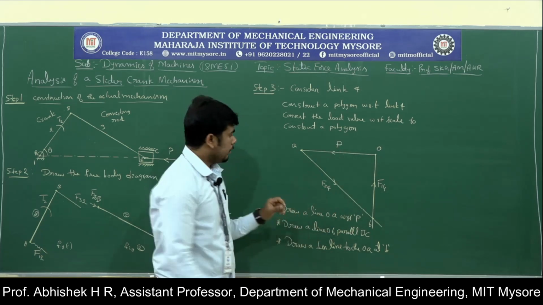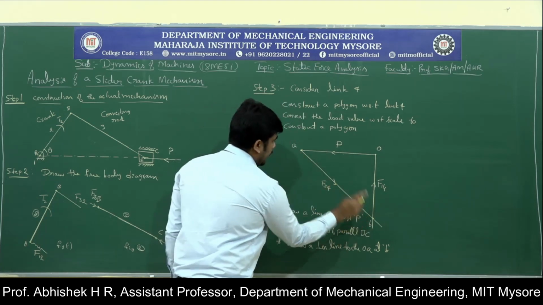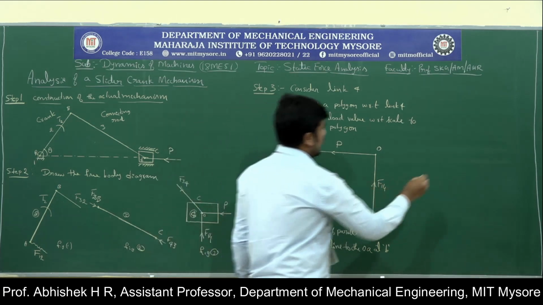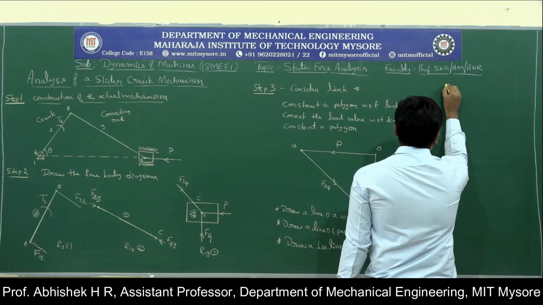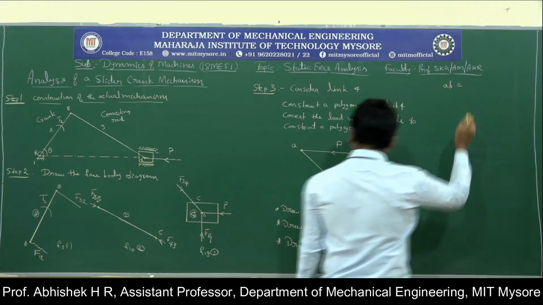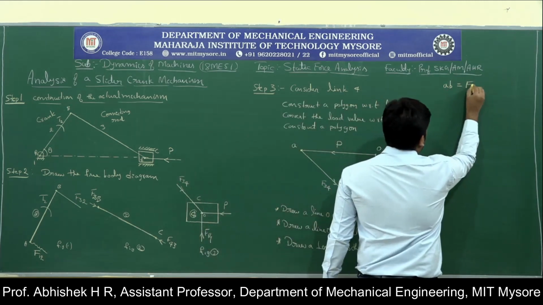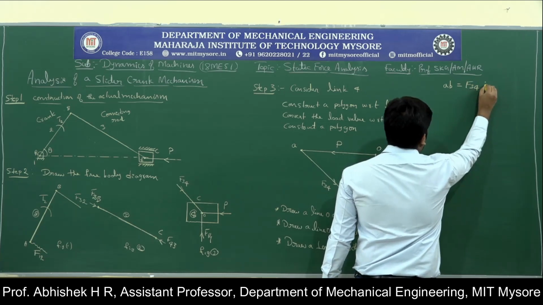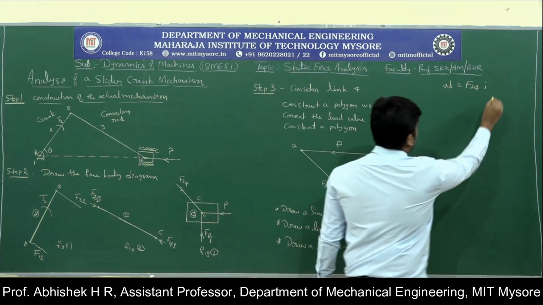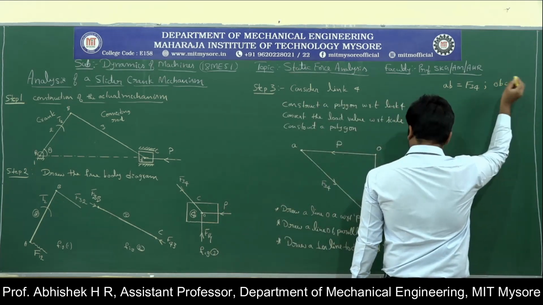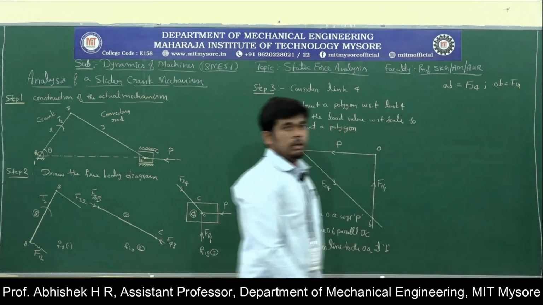Now from this, measure the distance AB. So AB is F34. Then OB will give F14.